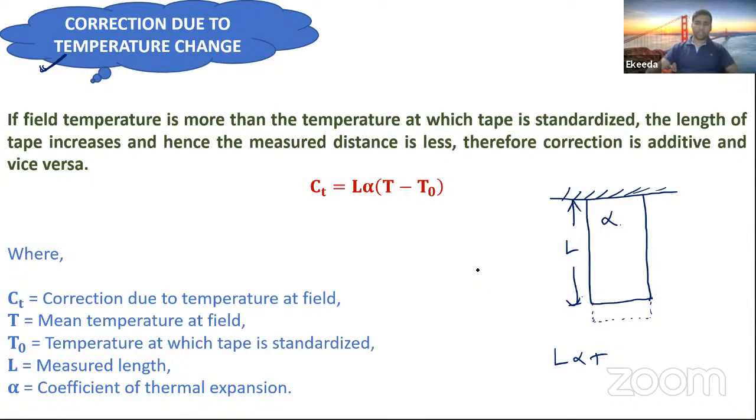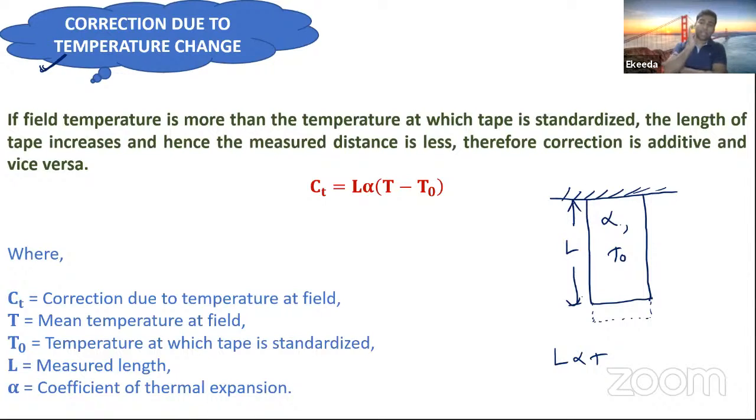Now in the similar way, if we have a tape here whose coefficient of thermal expansion is alpha, whose length is L. Now suppose that this tape is designed for a particular temperature of T naught. If in the company the tape is manufactured to resist a change in temperature up to 25 degrees Celsius, it means that up to 25 degrees Celsius there will be no change in length in the tape.